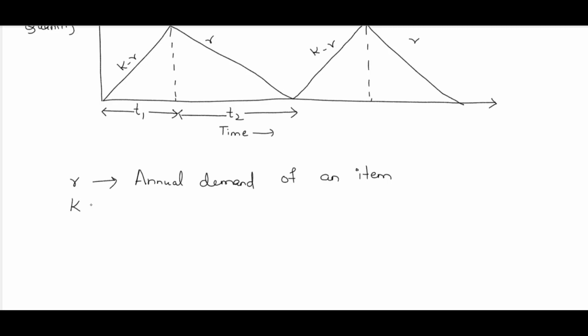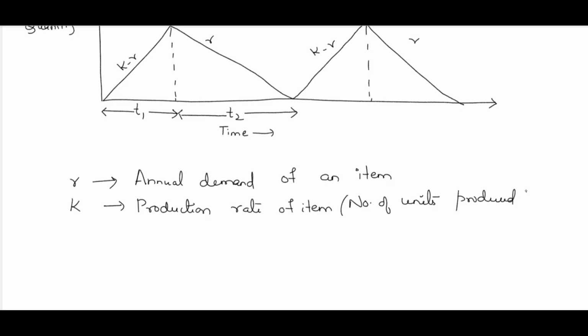And small k is the production rate of the item, that is the number of units produced per year.